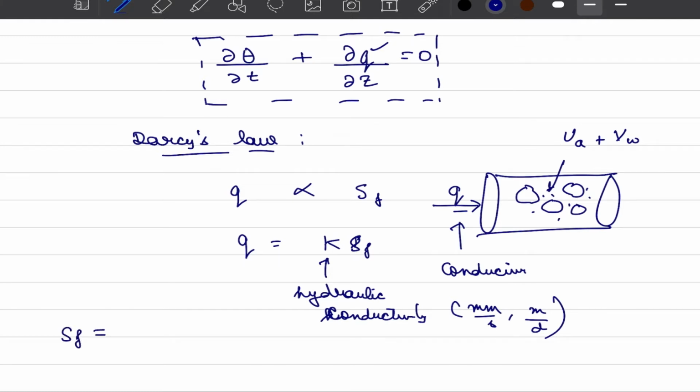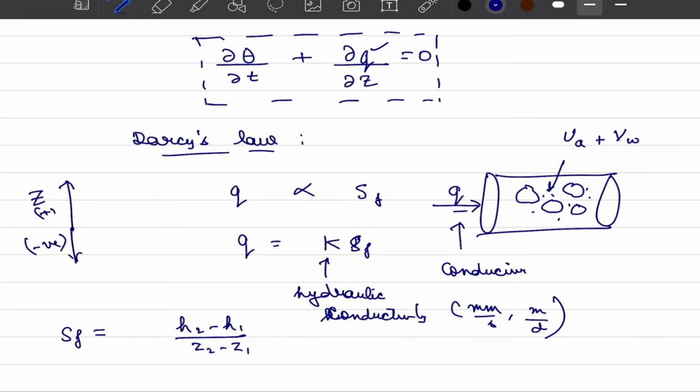Now let's focus on SF. As I mentioned, SF is the rate of change of head with respect to depth or length. So we can say that SF is H2 minus H1 divided by Z2 minus Z1, where we follow the convention that in the upward direction Z is positive and in the downward direction Z is negative.